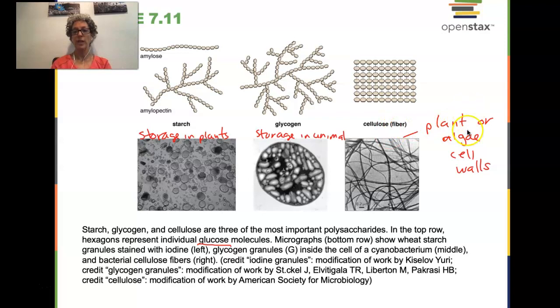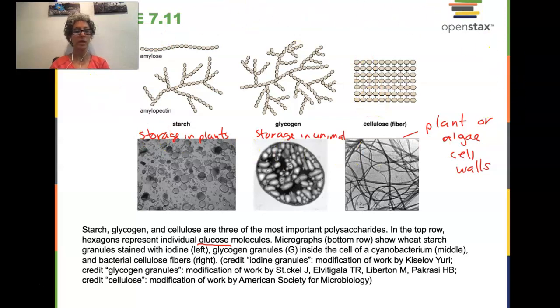Cellulose, found in plant and algae cell walls, is glucose, but it's a form called beta glucose. And in that case, again, there is a different position of the hydroxyl, and in cellulose, each glucose molecule is upside down relative to its neighbor. And that's what allows it to form these very linear, very rigid structures.